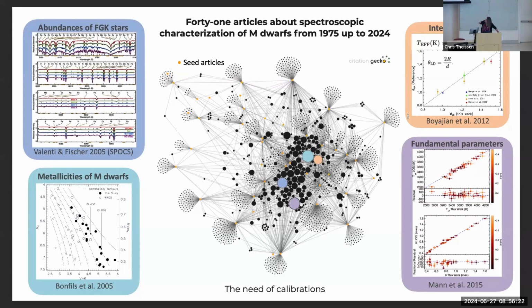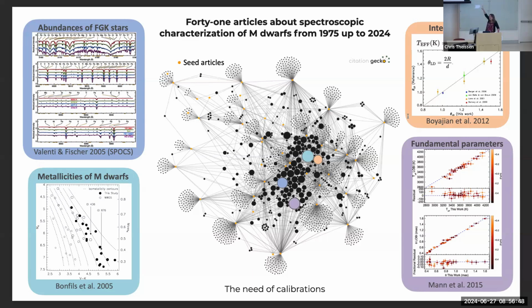But what is interesting is that actually it's not a spectroscopic paper. If you look at it, it's actually a color magnitude diagram. And that actually shows how desperate we were trying to get metallicities of M dwarfs. Okay, then the other two are related to interferometry. This is something that also was coming out during that time.